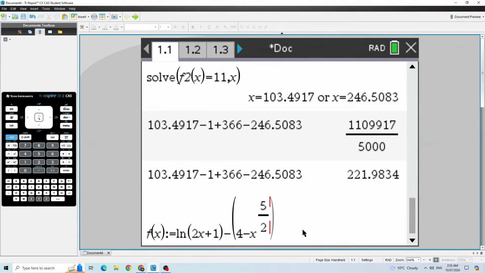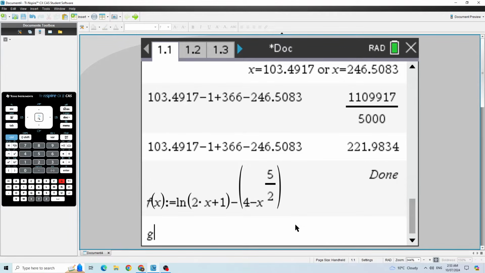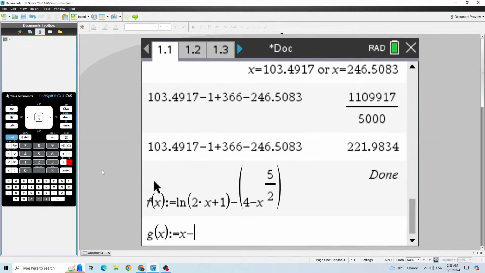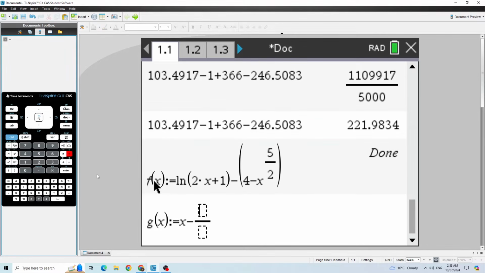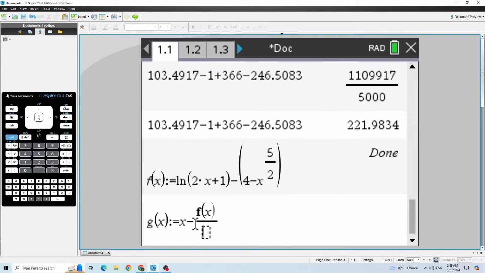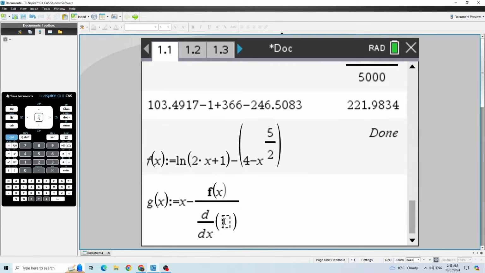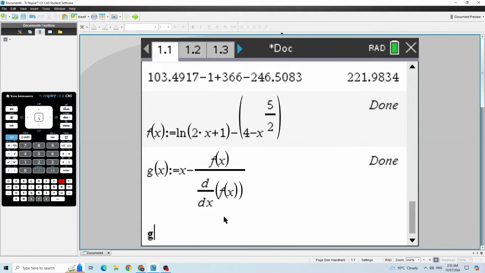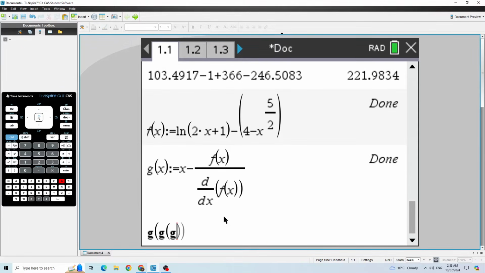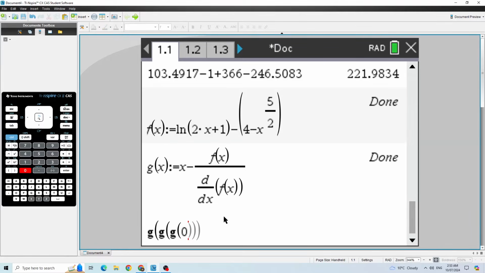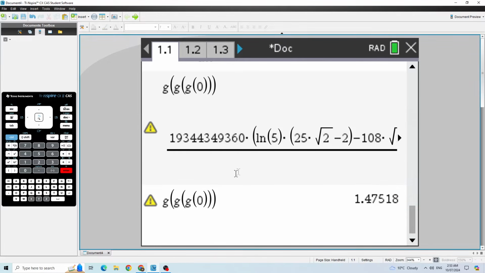Okay, beautiful, that looks good. And so we want to define g of x as x minus f of x over the derivative of f of x. Done. So g, 3 g's, and then sub in 0. Enter, control enter, and this here is your x3.